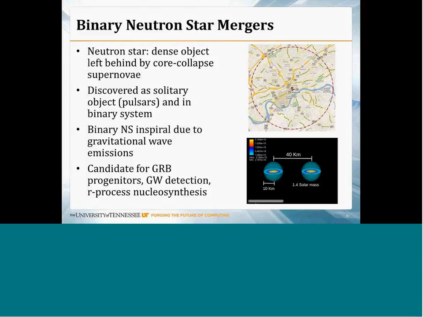We've detected gamma ray bursts, which are very strong bursts of gamma rays from a cosmic origin, and binary neutron stars are a candidate progenitor of these gamma ray bursts. Also, binary neutron stars have been thought to be a site where r-process nucleosynthesis happens.